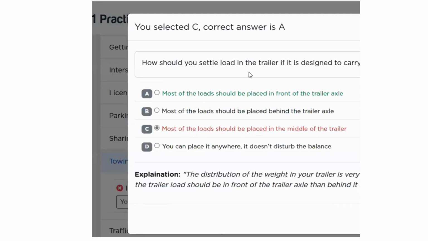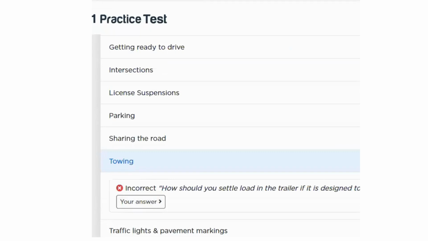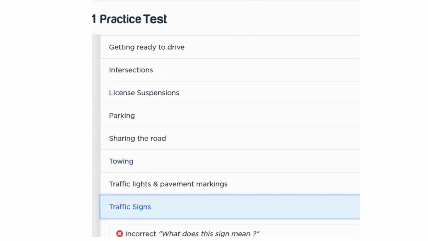How should you set a load in the trailer if it is designed to carry the load? Most of the load should be placed in front of the trailer axle. Okay, I'll remember that. Traffic signs.